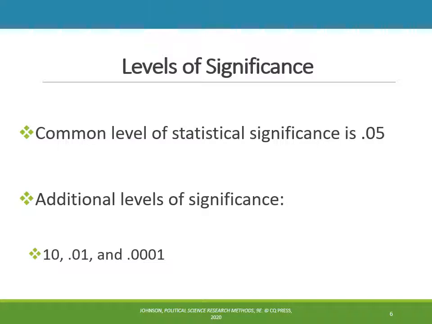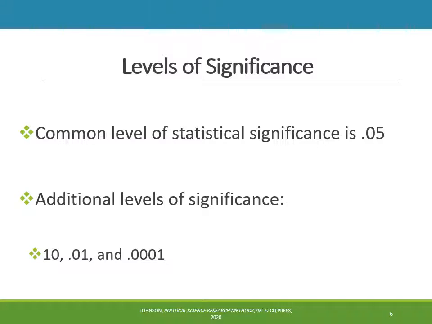It's the 0.05 level, which would be 95% confident. We have the 0.10 level, which would be 90% confident, the 0.01 level, which would be 99% confident, and the 0.0001 level, which would be 99.99% confident, which is what they use for DNA testing.